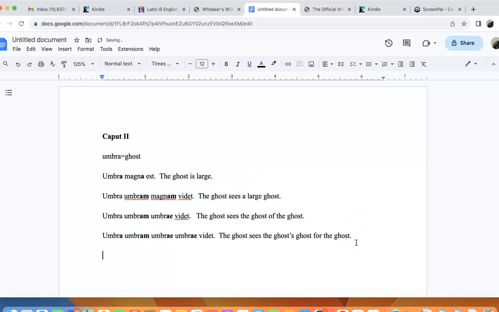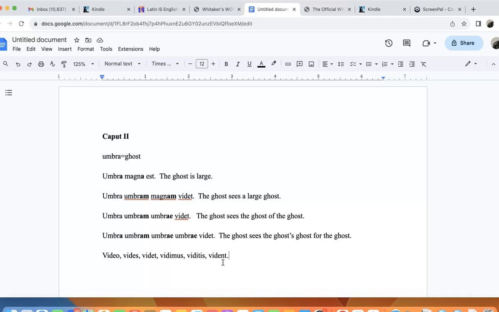And so just to give an example of the verb to see, video means I see, vides means you see, videt means he or she or it sees, videmus means we see, videtis means you all see, and then vident means they see.